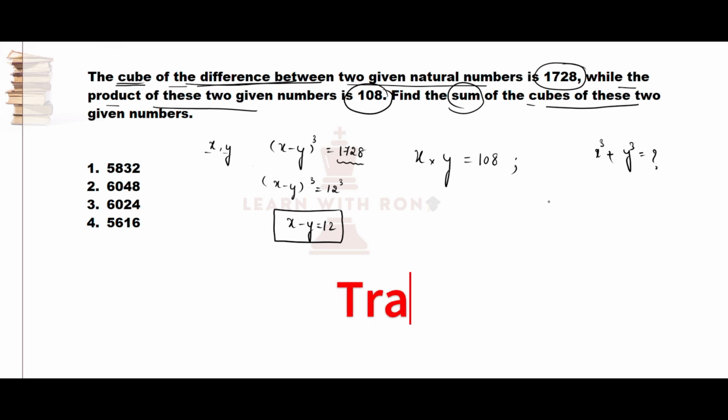First let us solve by the trial and error method. See the value of 108 here. This 108 I can write as a multiple of two numbers, for example 2 times 54. If we assume 2 as x and 54 as y, I can satisfy the condition xy equals 108, but it fails to satisfy the condition x minus y equals 12. See here, the difference of 2 and 54 is 52, but we want the difference as 12.